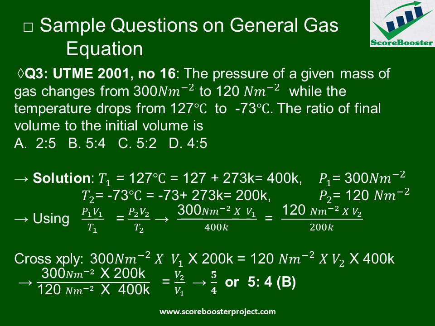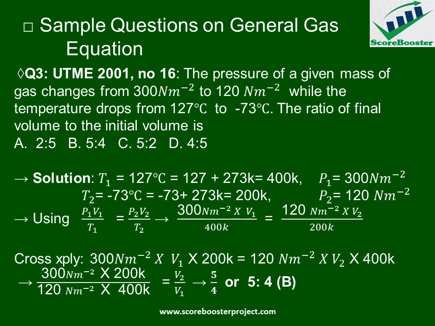The next question we shall be considering comes from UTME 2001, number 16, and the question goes thus. The pressure of a given mass of gas changes from 300 Newton per meter square to 120 Newton per meter square, while the temperature drops from 127 degrees Celsius to minus 73 degrees Celsius.